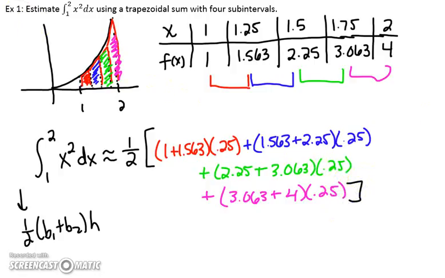Once again, we don't have to simplify, and we do have to show this addition. We don't want to write 2.563 here, even though we know we can multiply by 1. When AP asks for a trapezoidal sum, they want to see that you're doing the bases added together.